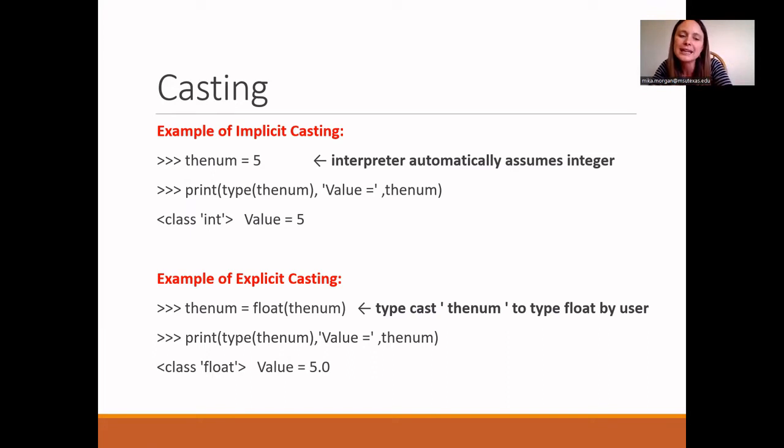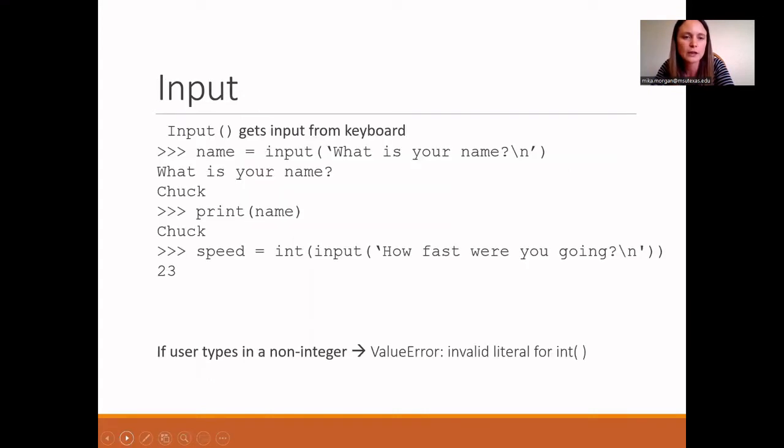When you read in information in Python, it is always read in as a string. That's very important. I think it's in big red letters on the next slide.